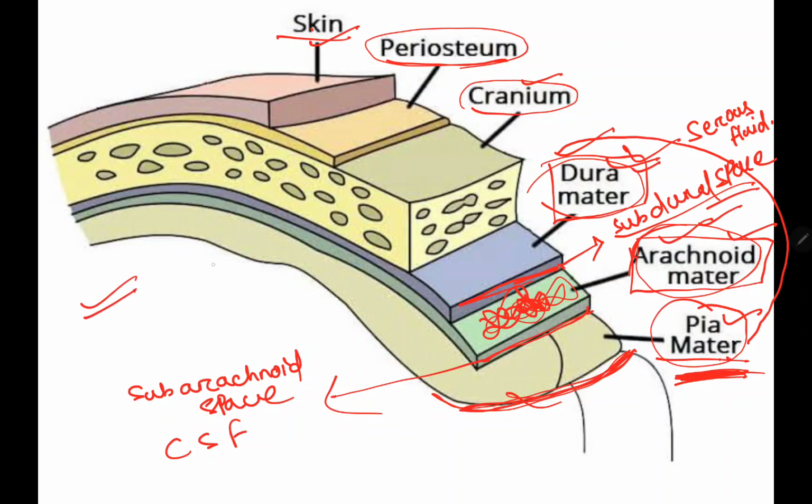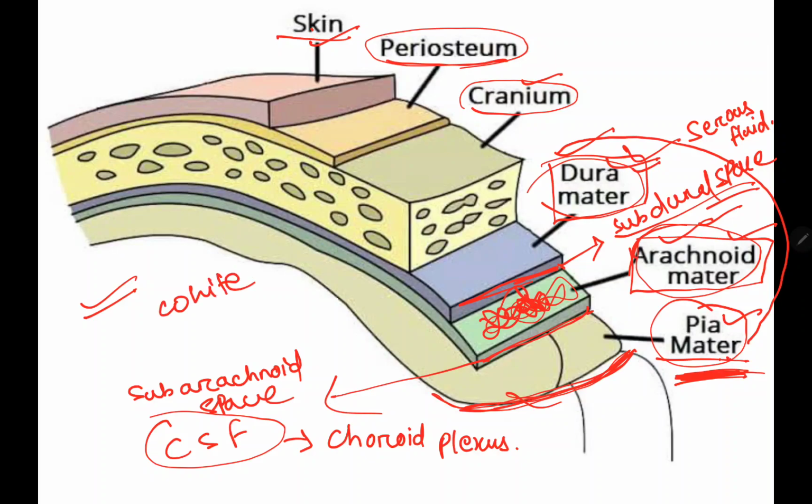Remember one thing, the brain is not completely filled. It means there are cavities in the brain. So all the brain parts, spinal cord and the spaces around them are actually filled by a modified tissue fluid which is called your cerebrospinal fluid. It is secreted from the choroid plexus. So how does it look? It actually looks white.